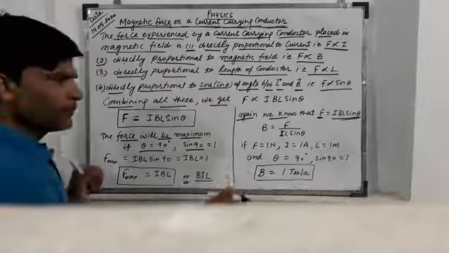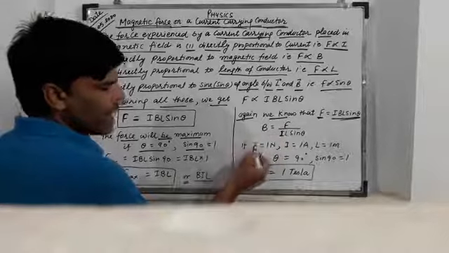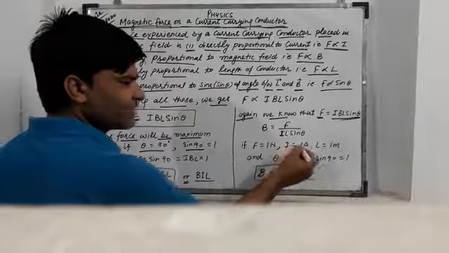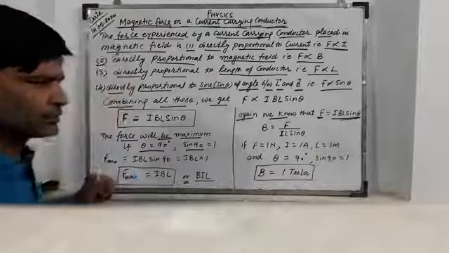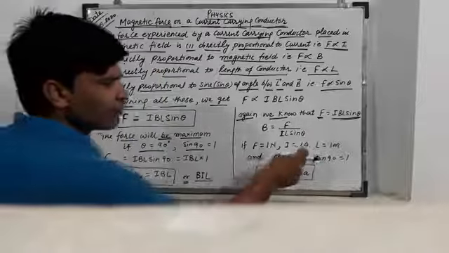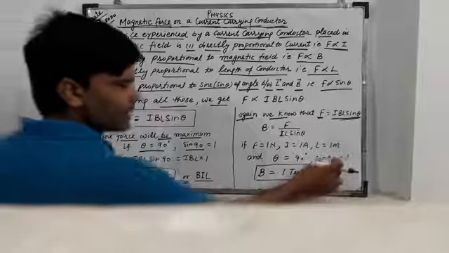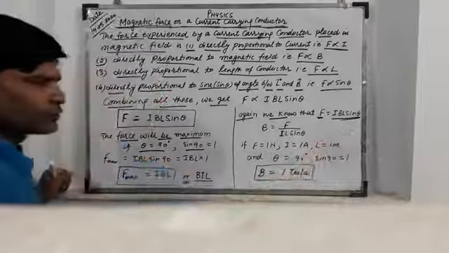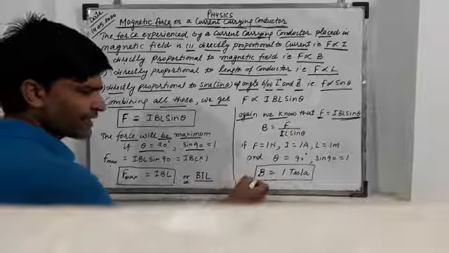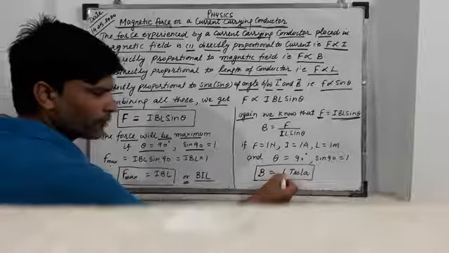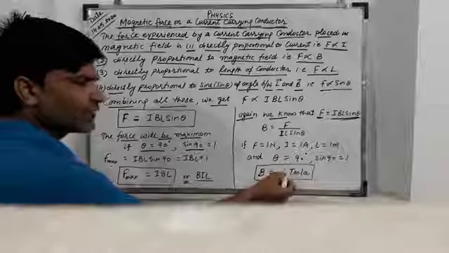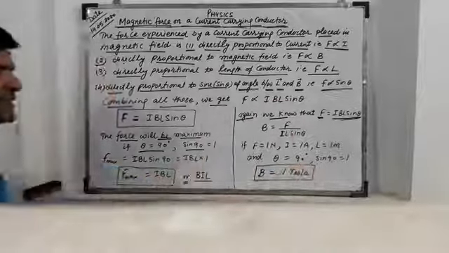If we put F equal to 1 Newton, I equal to 1 ampere, L equal to 1 meter and theta equal to 90 degrees, which means sine 90 is equal to 1, in this formula, then we get B equal to 1 Tesla. It means the magnetic field is 1 Tesla.